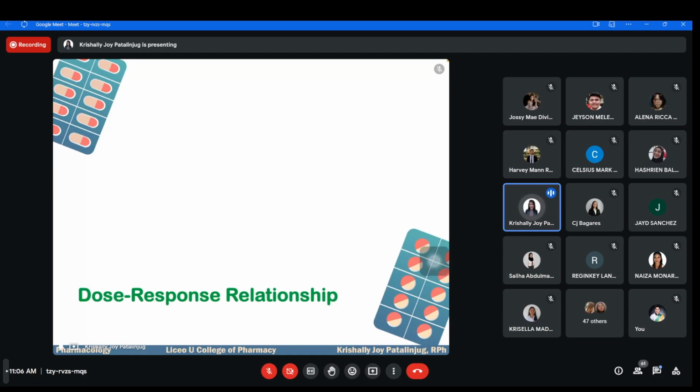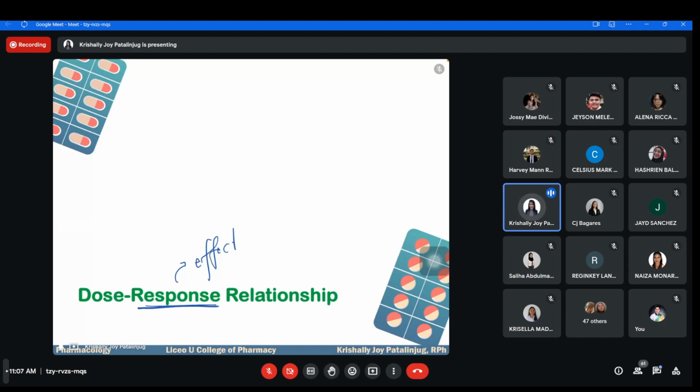Now, in dose-response relationship, we try to understand here the relationship of the response. Ayan. So effect or the response of a drug and the dose of the drug. Okay? So yung relasyon ng effect towards the dose of the drug or the concentration of the drug.